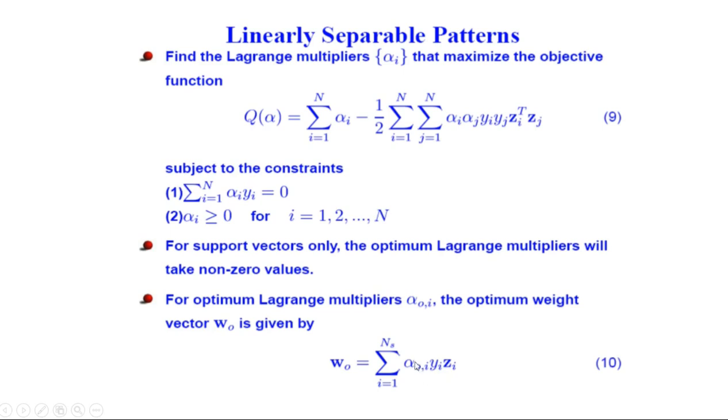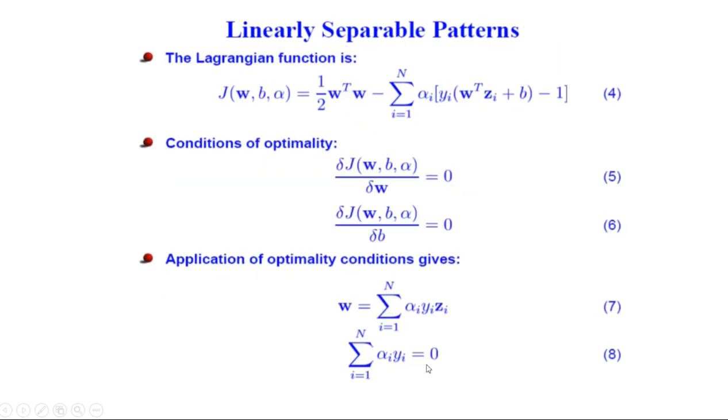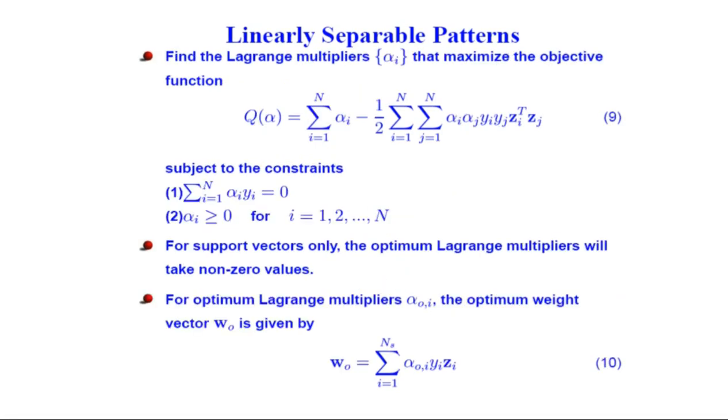Instead of alpha i, we got alpha optimum, or you can also use traditional optimization techniques for finding alpha i. Here alpha i is a hyperparameter.